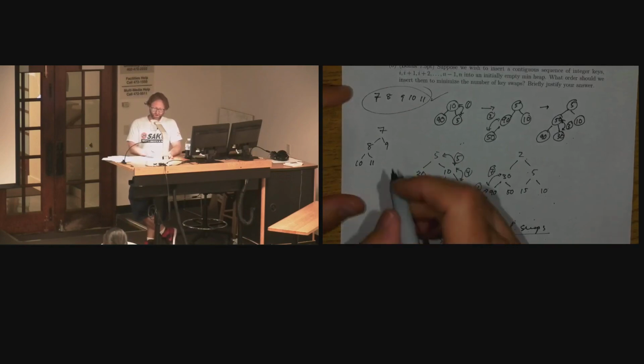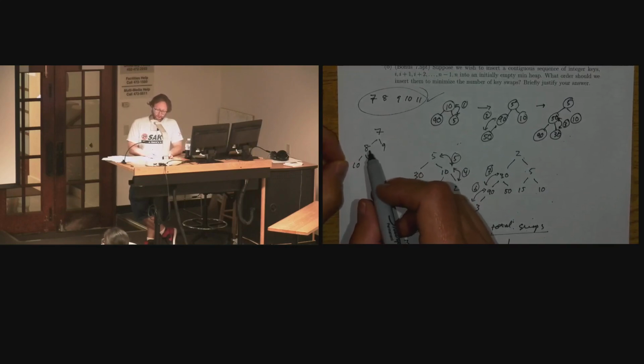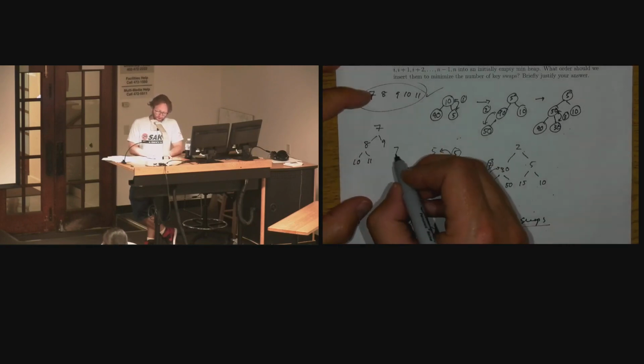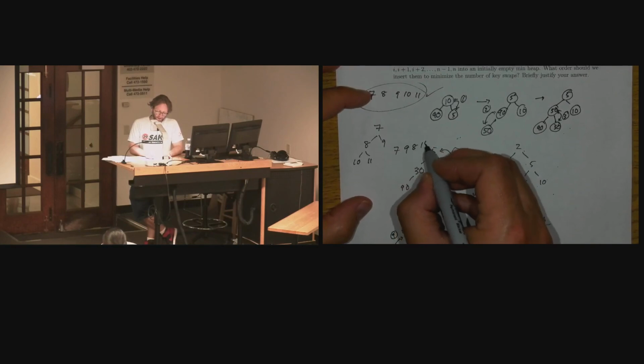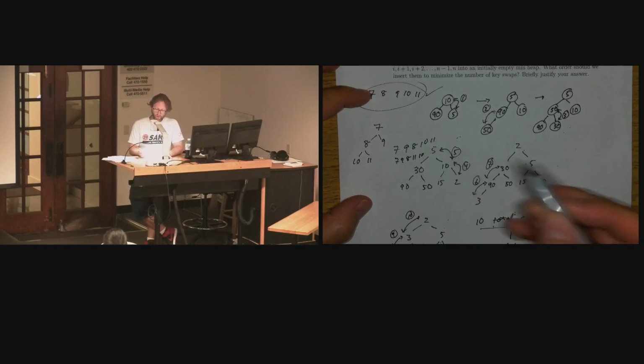Anything that ends up with a tree where its children get swapped a little bit, as long as it has a fullness property. So for example, 7, 9, 8, 10, 11 would work. 7, 9, 8, 11, 10 would work, right?